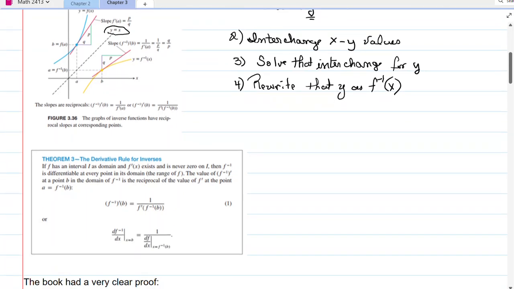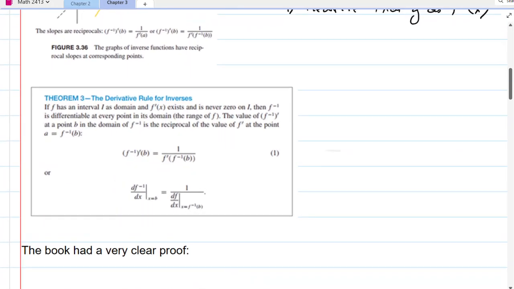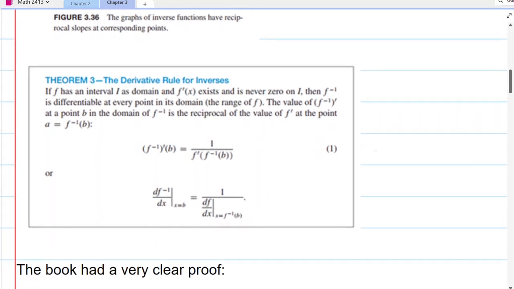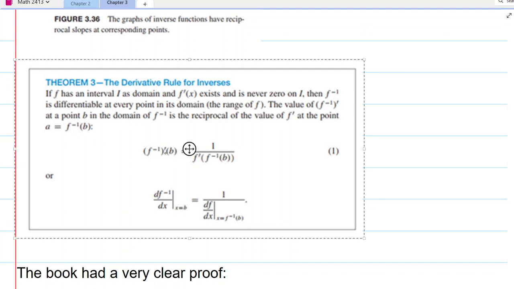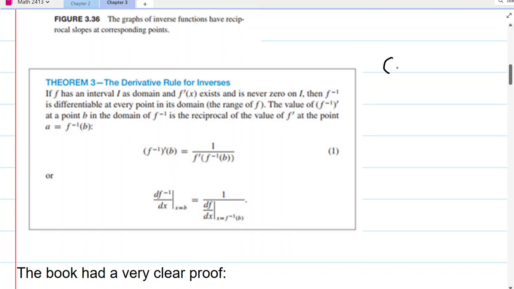All right. So here is our rule. What this rule says is that if we want the prime of f inverse, we use the b. In other words, we have some ordered pair (a, b).